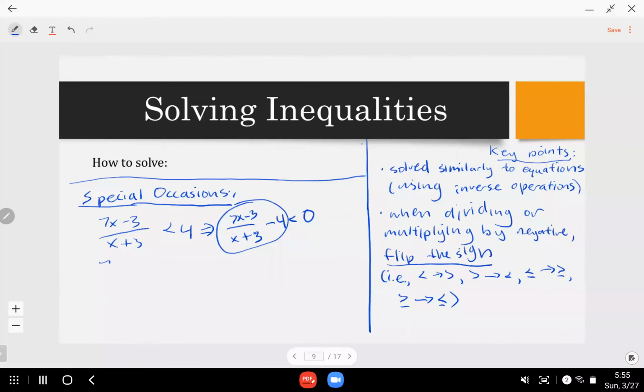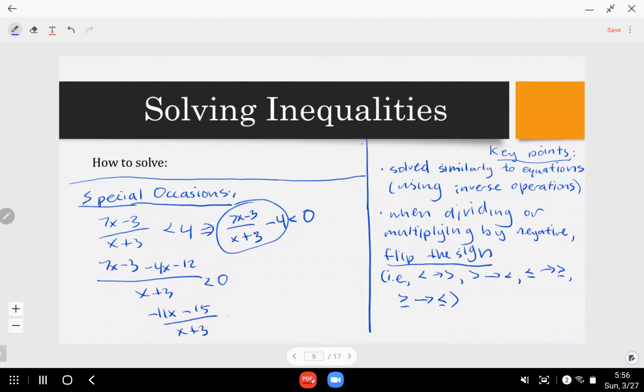So 7x minus 3, then minus 4x minus 12, that's when you combine, over x plus 3 is less than 0. Then you get negative 11x minus 15 over x plus 3.